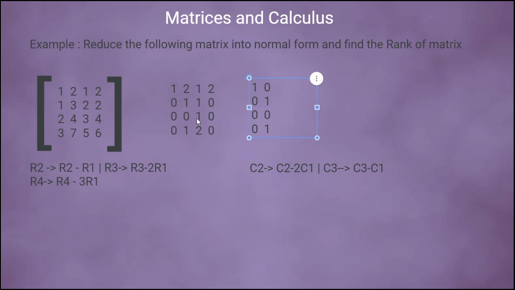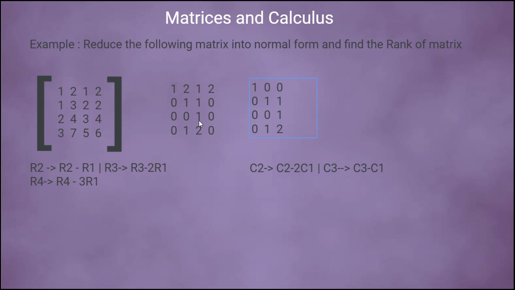That is 1 minus 1, 0, 0. Next, 1 minus 0, that is 1. Next, 1 minus 0, again 1. Next, 2 minus 0, that is 2.